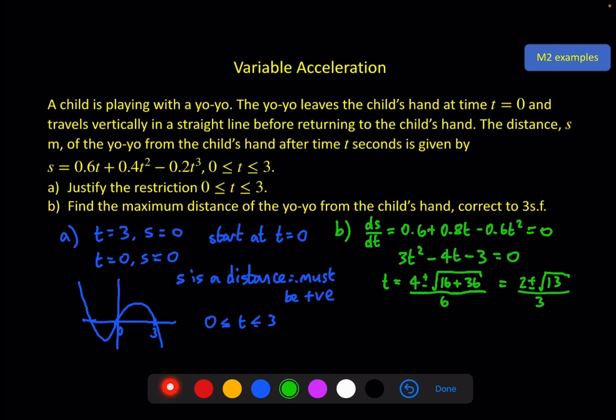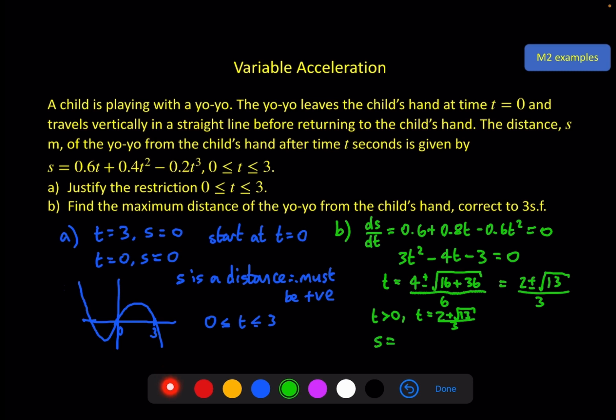And of course time must be positive, therefore t must be the positive root of this, 2 plus root 13 over 3. But don't stop there, because we don't actually want the time as the final answer. What we want is the maximum distance, and this just tells us when that happens. So we need to put this back into the function for the distance to get the maximum distance.